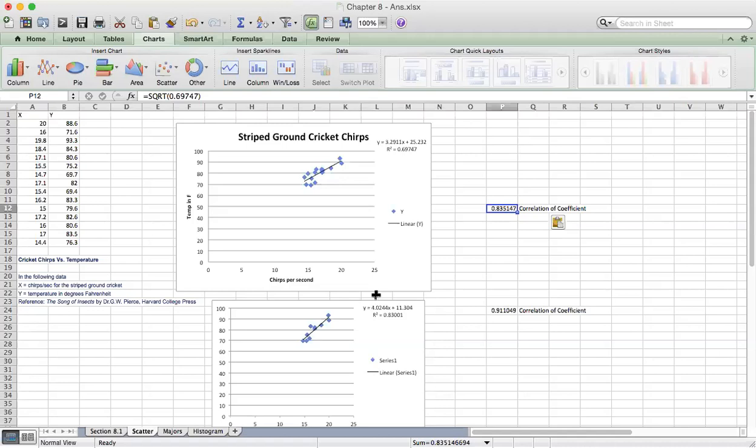And that's where regression gets people in trouble, because you can see I didn't do any math here, right? I just trusted Excel. I did a scatter plot by hitting insert chart. I right-clicked on a point and said, add a trend line and give me my line and R squared. And now I can go on my local network and tell everyone in the world that cricket chirps are causing global warming.